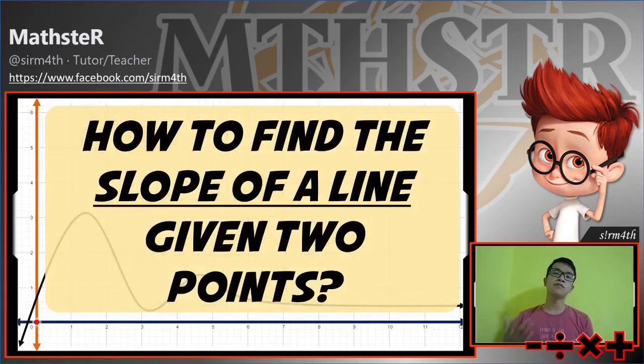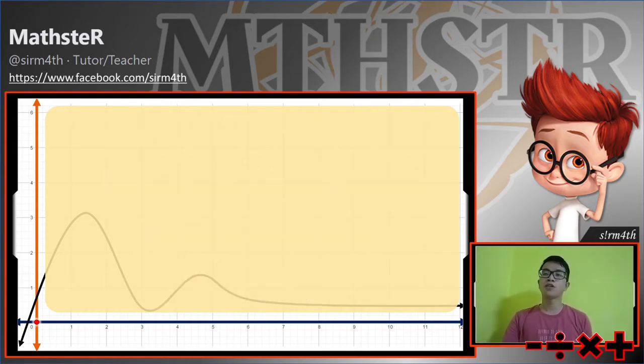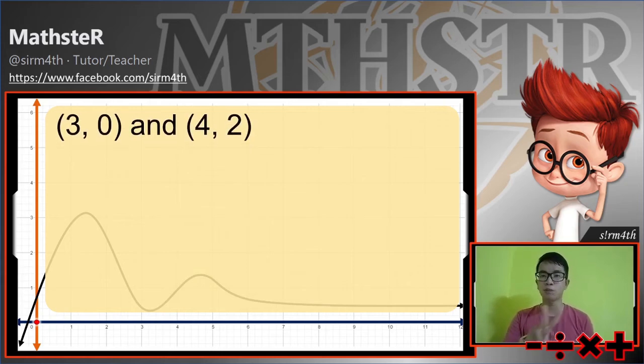So how to find the slope of a line given the 2 points? Dito sa pagkakataon na to, hindi tayo magpapakita ng graph. Hindi tayo magbibilang ng units kung ilang beses tayo mag-rise at ilang beses tayo mag-run. So let's have these 2 points, (3, 0) and (4, 2).